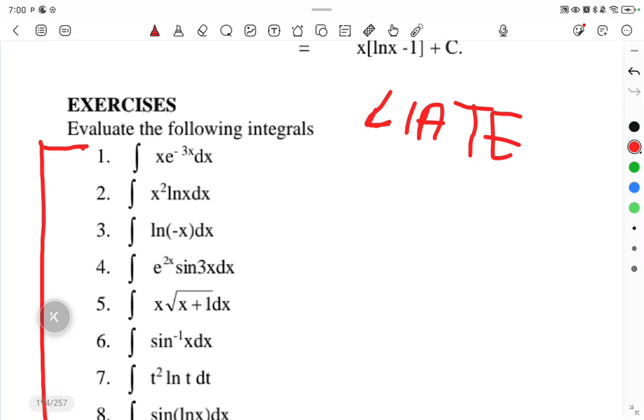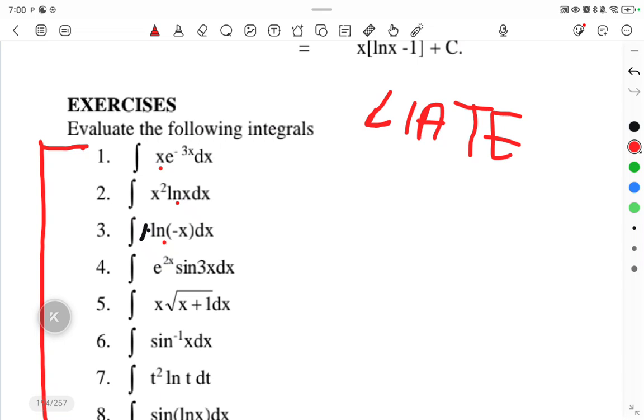According to LIATE, when I look at the first question, I have algebra and exponential, so it's algebra that comes first. Then the second one, I have algebra and log, so log comes first. The algebra is 1. There, it's 1 times ln.